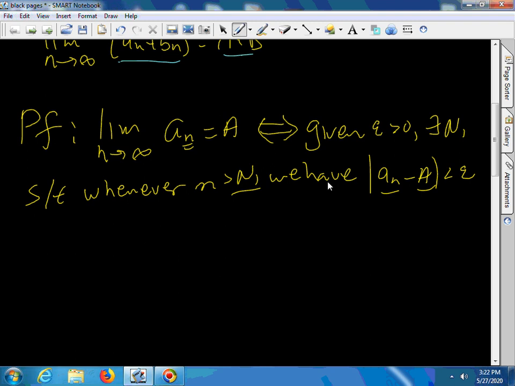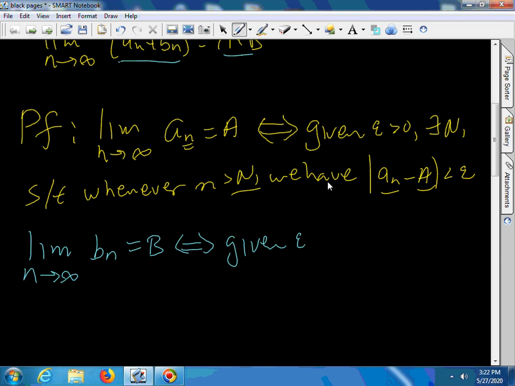Okay, now we'll do the same thing for the b sub n. The limit as n goes to infinity of b_n, well, that equals b. This is given, and b is a real number.